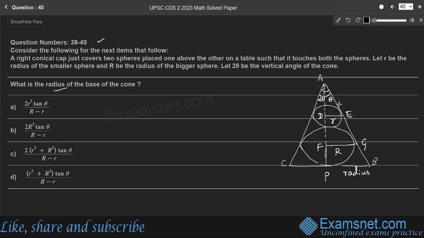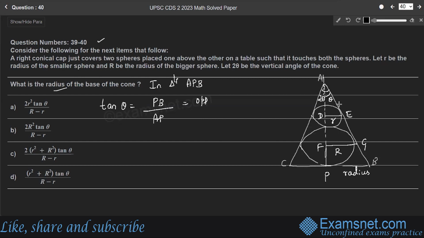Angle A in triangle APB is theta. Therefore, in triangle APB, here we need the PB distance. So with respect to angle theta, we are applying the tan function. Tan theta is opposite side by adjacent side, which is AP.